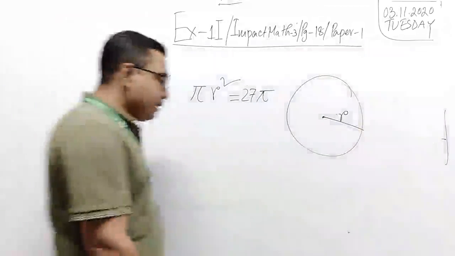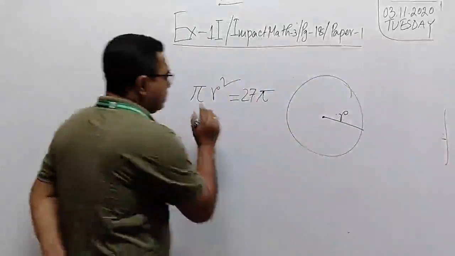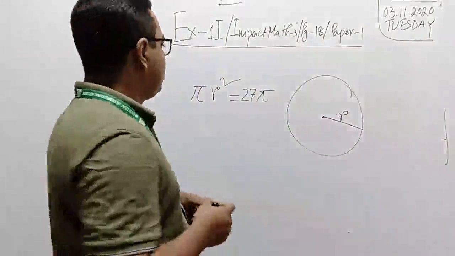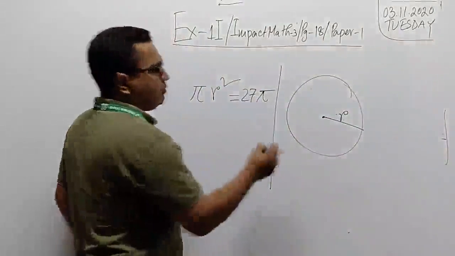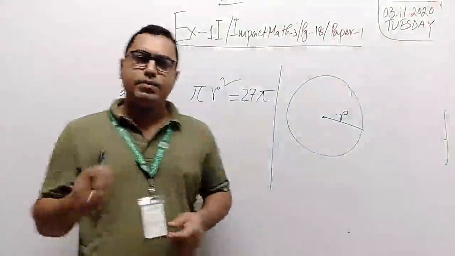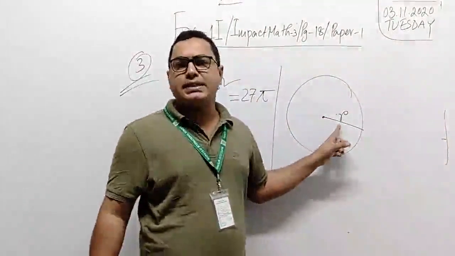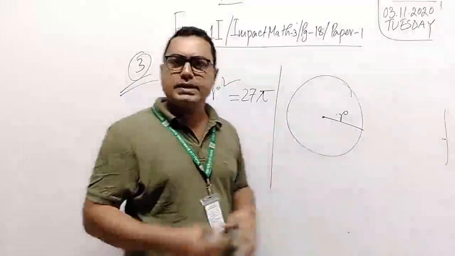Work out the diameter. First of all, we'll simplify that. Okay, before that, one thing we know. What is diameter? Here we got the radius.